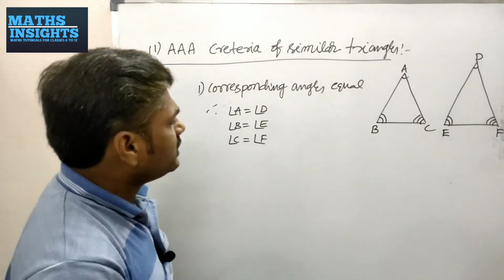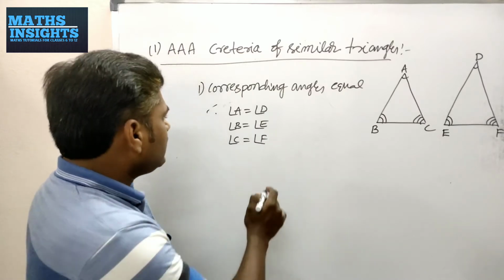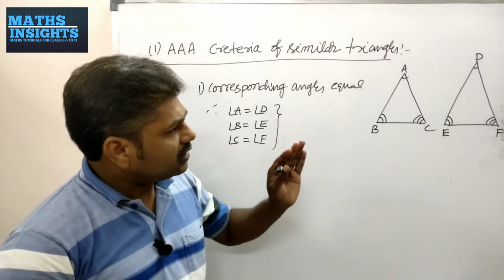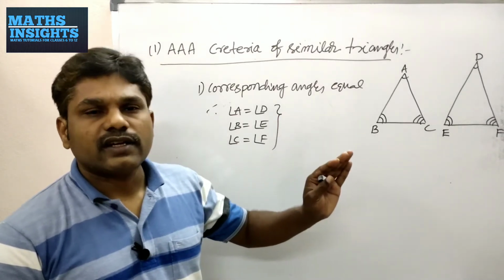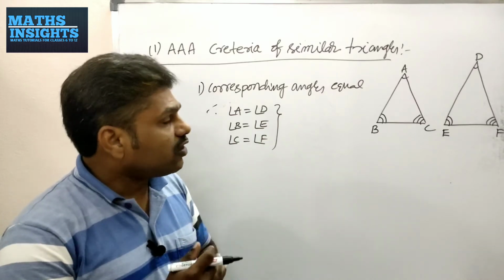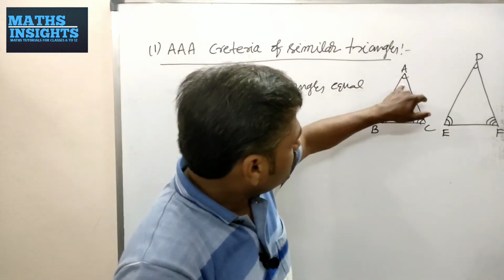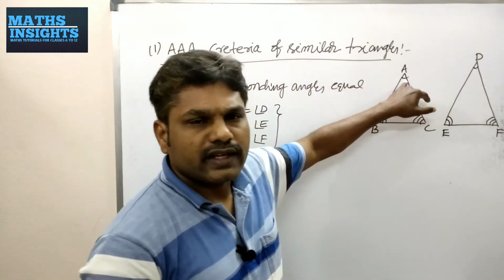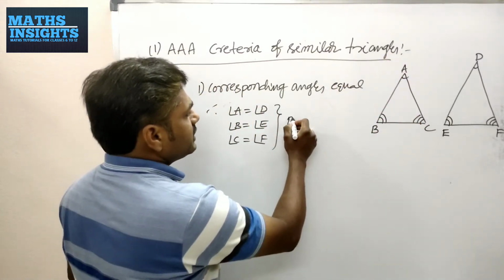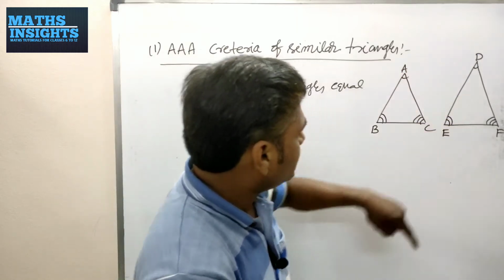They didn't give that the ratio of corresponding sides is equal, but if the corresponding angles of the first triangle equal those of the second triangle, then look at the sides opposite to the equal angles. The side opposite to angle A is BC, and for angle D it is EF.